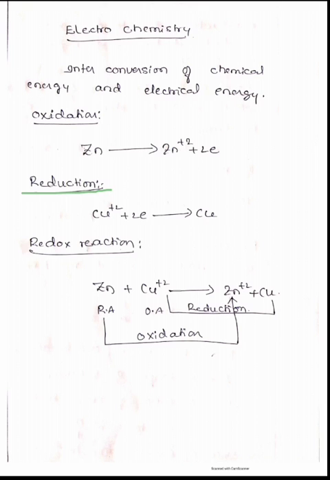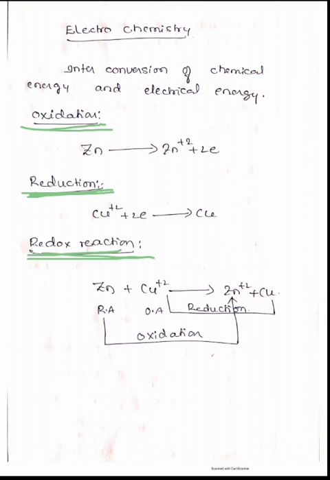Next, what is redox reaction? So the combination of both oxidation and reduction reaction can be taken as redox reaction. So a reaction in which both oxidation and reduction reactions occur simultaneously, such kind of reaction can be taken as redox reaction. What is redox reaction?